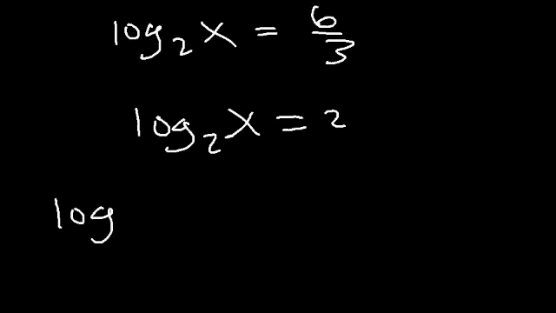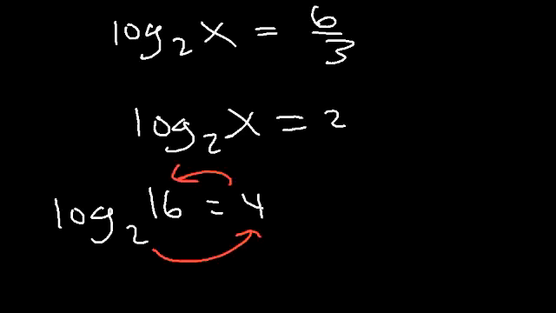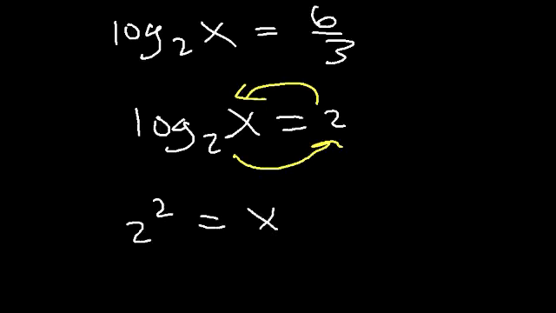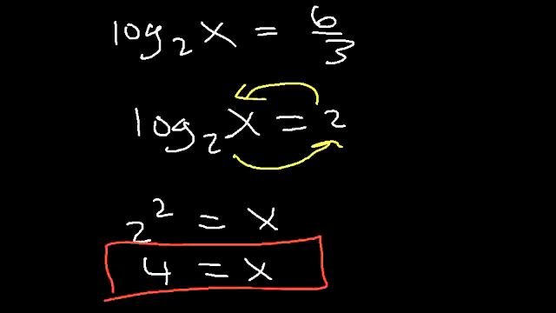So we said that log base 2 of 16 is equal to 4. The reason for that is because 2 raised to the 4 is equal to 16. So now let's follow the pattern. So 2 raised to the second power is equal to what's inside, which is x. So x is 2 squared. 2 squared is 4. x is equal to 4. That's the answer.